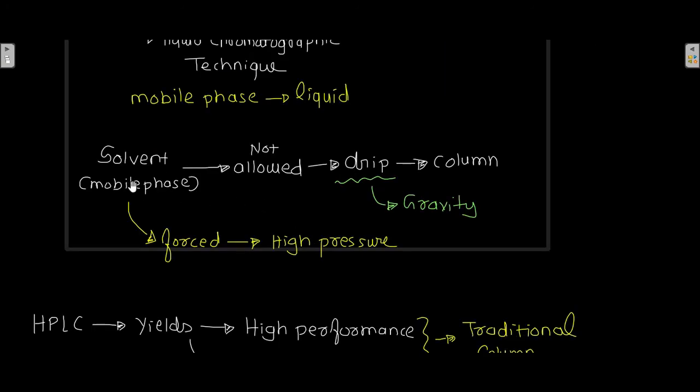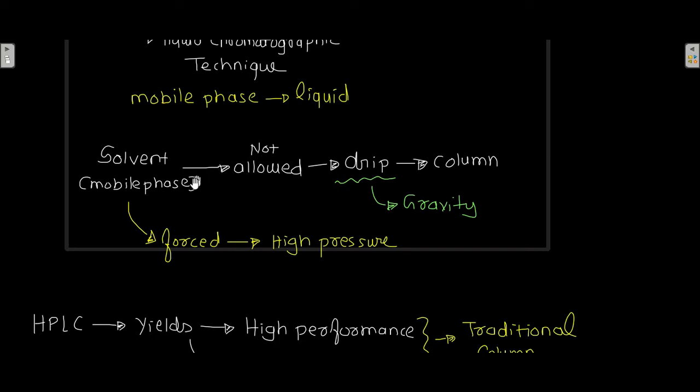Now, in case of HPLC, the solvent, that is the mobile phase, is not allowed to drip through the column under the influence of gravity. Okay, the solvent is forced in high pressure through the column.